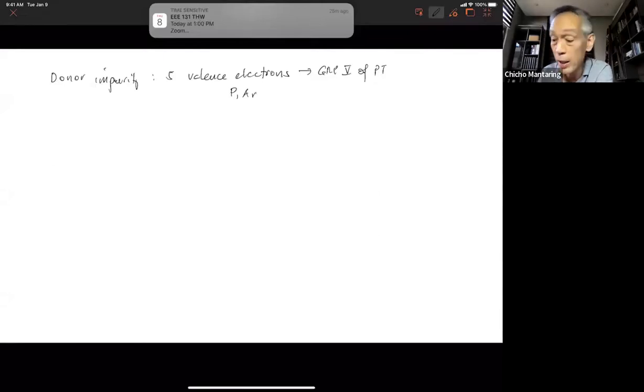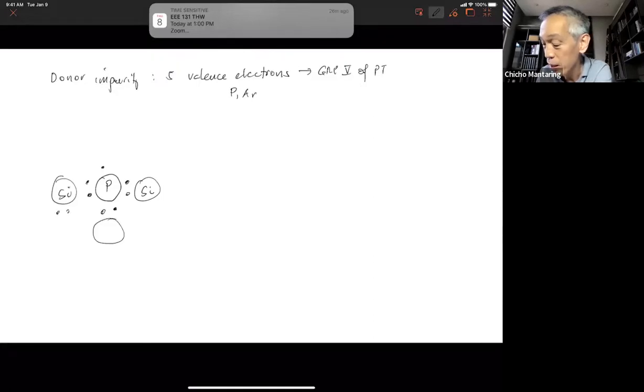And if you take a look at the solid structure, okay, well, I'm not going to draw it anymore, but that's in the notes. But now, if this is your phosphorus, it shares an electron with 4 other silicon atoms this way.